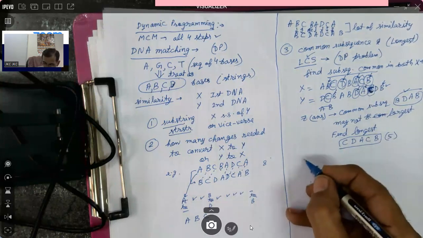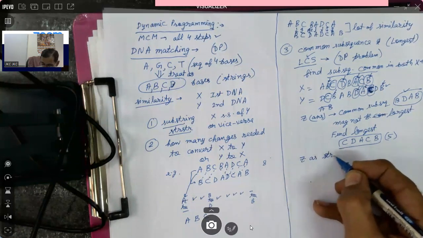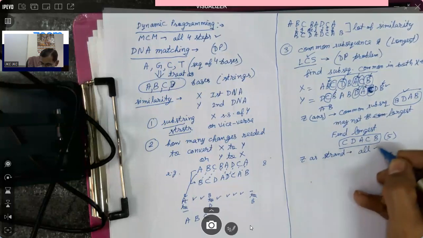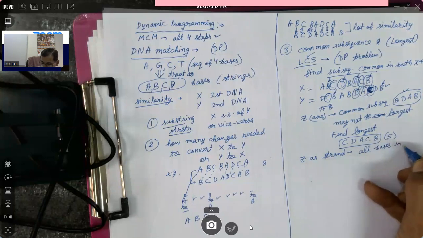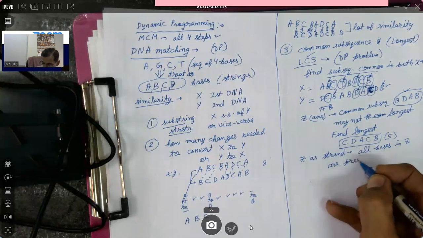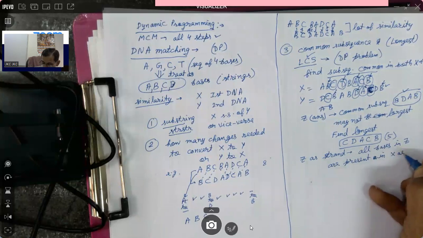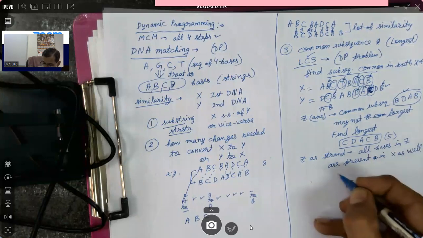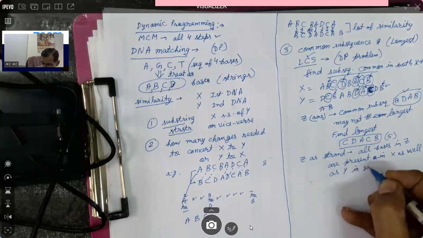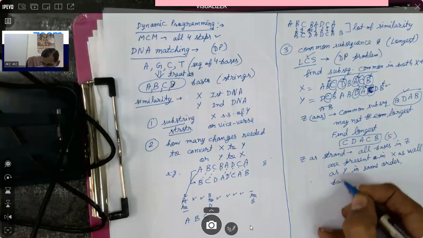So effectively, it means that I want to find Z as a strand, a thread of some length, such that all bases in Z are present in X as well as Y in the same order, but may not be consecutive.